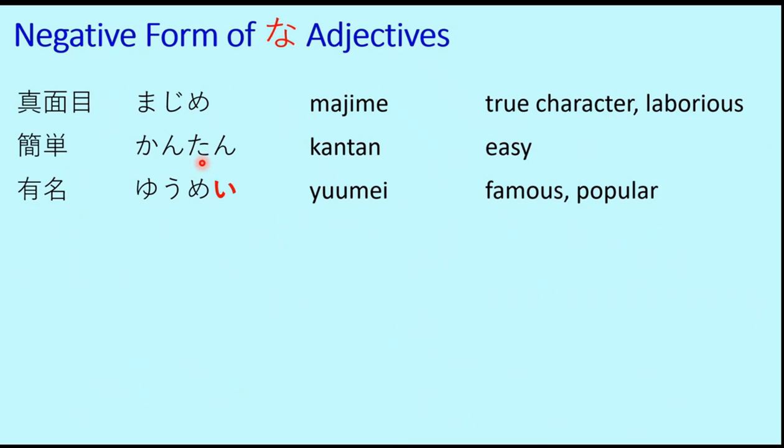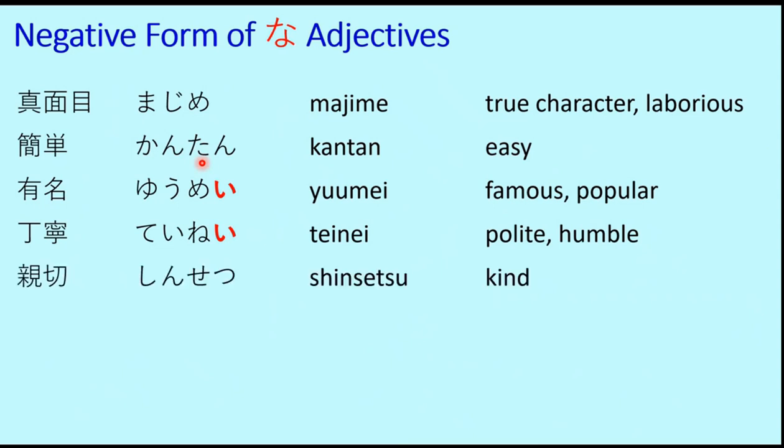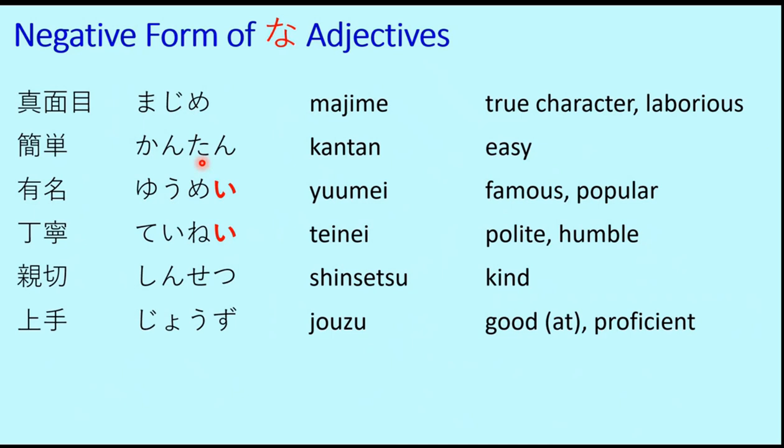That means he is not famous, he is not popular. Teinei, polite or humble. Teinei dewa arimasen, the person is not polite. Shinsetsu, kind. Shinsetsu dewa arimasen or shinsetsu ja arimasen, he is not kind. Jouzu, good at or proficient. So jouzu dewa nai or jouzu ja nai. Suteki, stylish or nice. Suteki dewa arimasen or dewa nai.